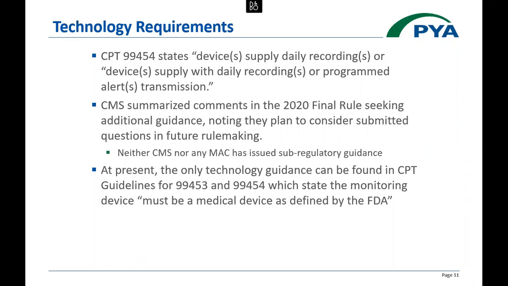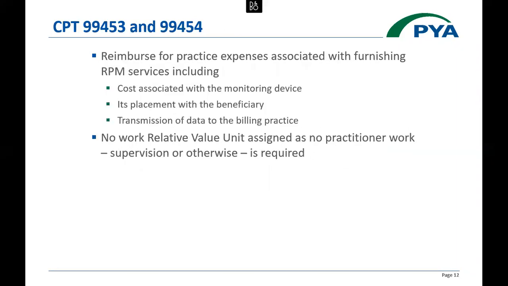So right now, the only thing that we can find that is definitive about what the device must do or how it must be characterized is the CPT indicates that it must be a medical device as defined by the FDA, the Food and Drug Administration. We interpret this to mean, as far as the capabilities, that the device must be capable of generating and transmitting the daily recordings or the alerts that we talked about.